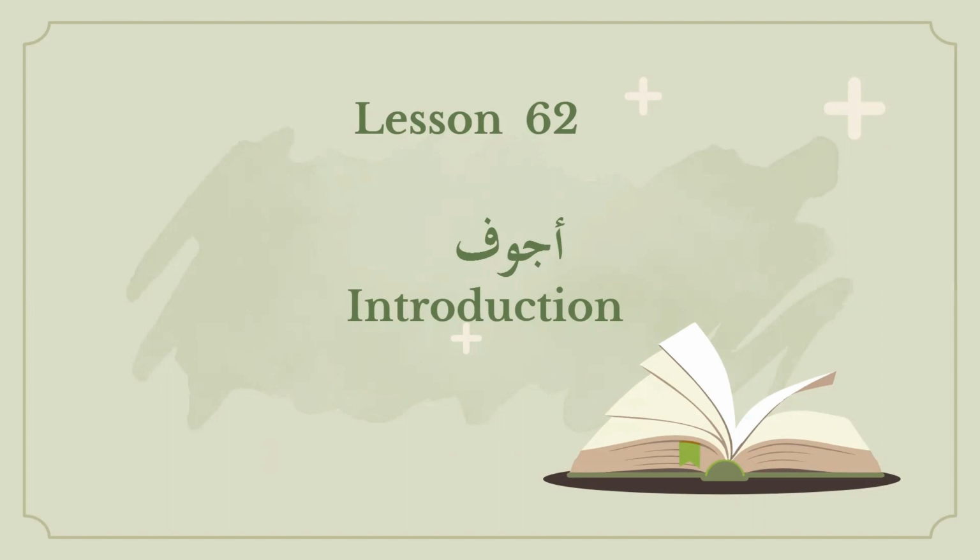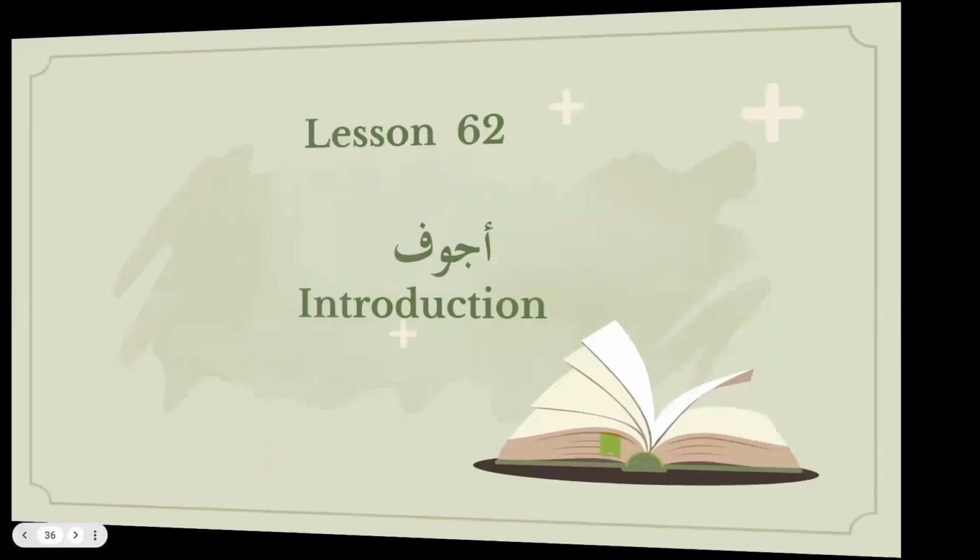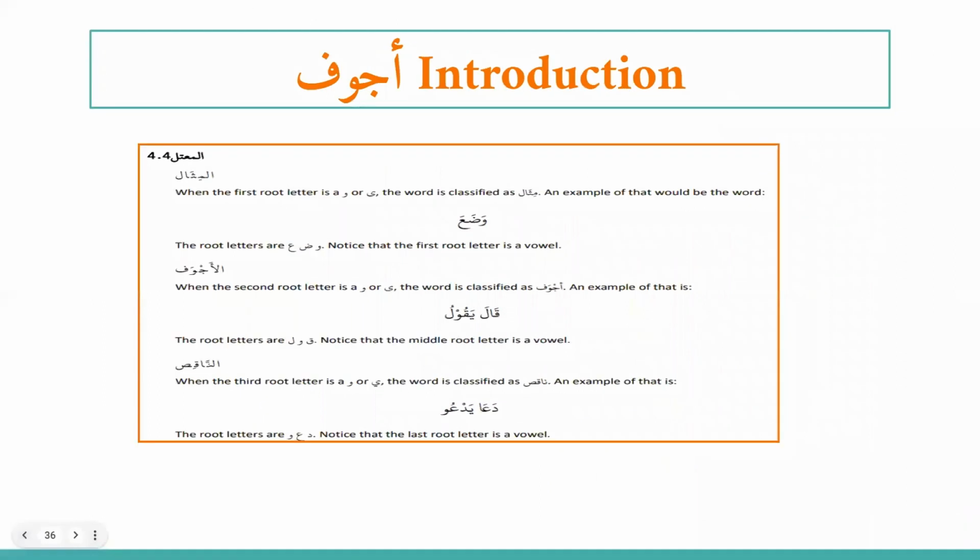And today's topic is Ajwaf, another self-irregularity from Mu'attal. So this is the second type of irregularity in the bigger group, Mu'attal. Mu'attal is a word in which one of the three root letters is either ya or waw.